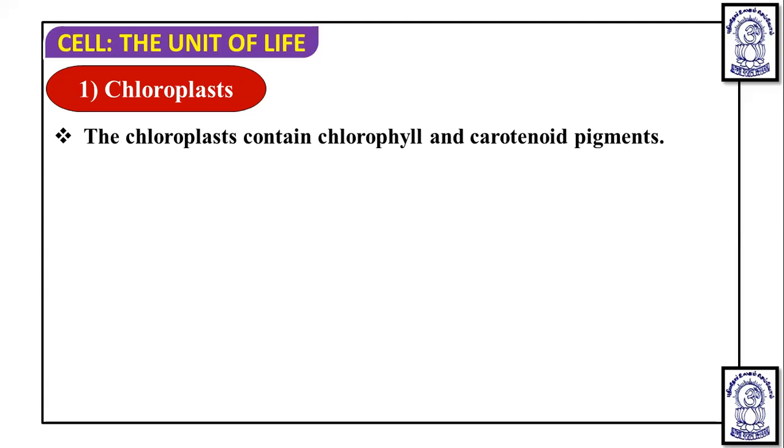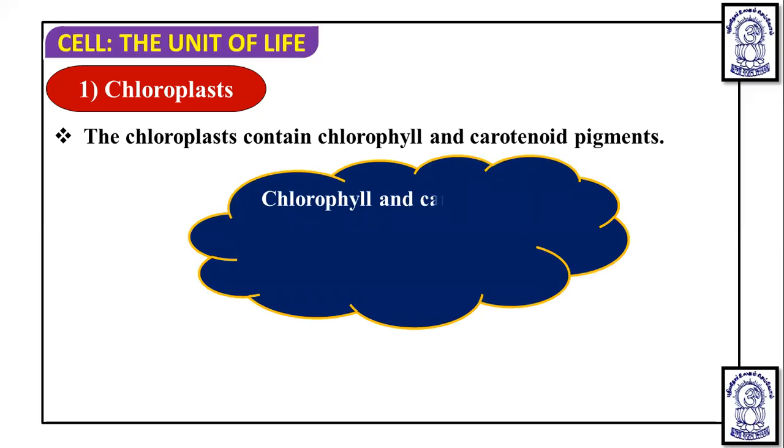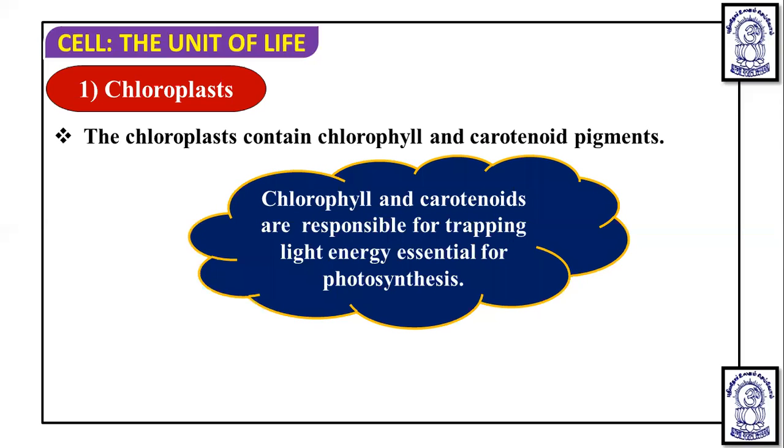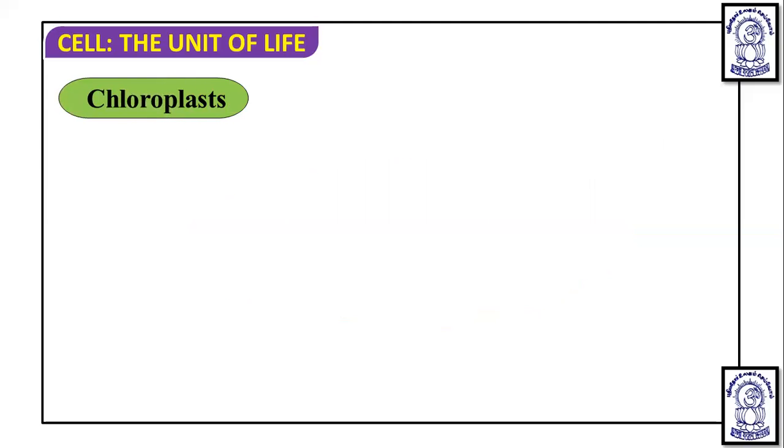The chloroplast contains chlorophyll and carotenoid pigments. What is the difference between them? We will discuss that in the photosynthesis chapter. Chlorophyll and carotenoid are responsible for trapping light energy. They absorb light energy and carry out photosynthesis, so their main function is photosynthesis.